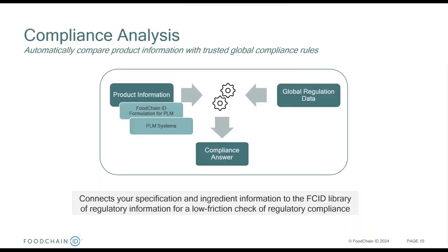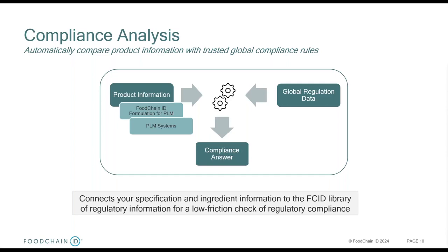So compliance analysis is a tool that sits between your product data and the regulatory library and regulatory assessment solutions that FoodChain ID provides. As Wes said, it takes your live product data in the form of a list of components, so raw materials like flour, or additives like citric acid or xanthan gum, for example. In addition to that, it can either receive or you can set the intended markets and a few other parameters like usage and function in order to run the analysis.